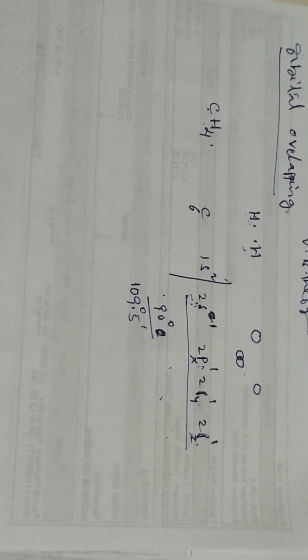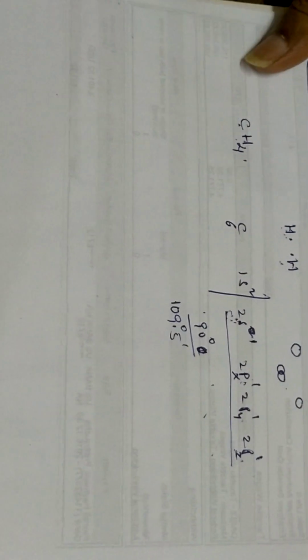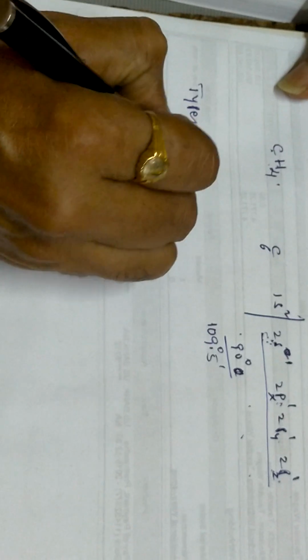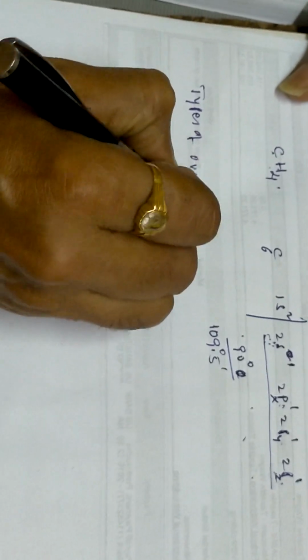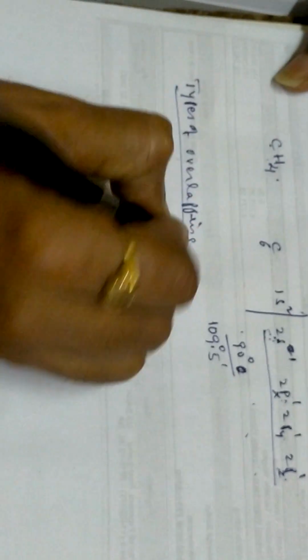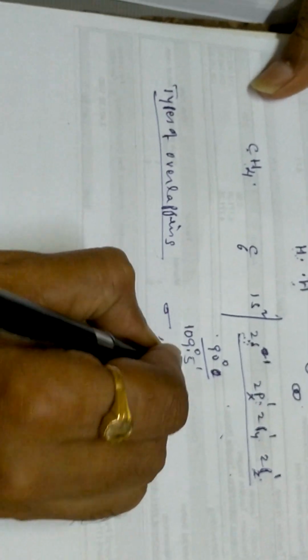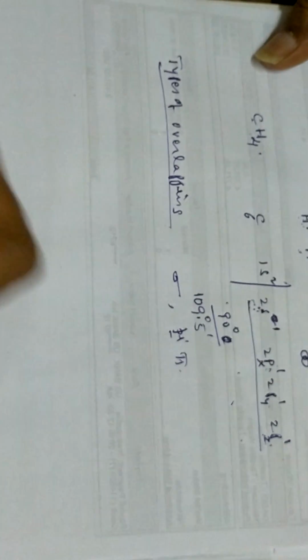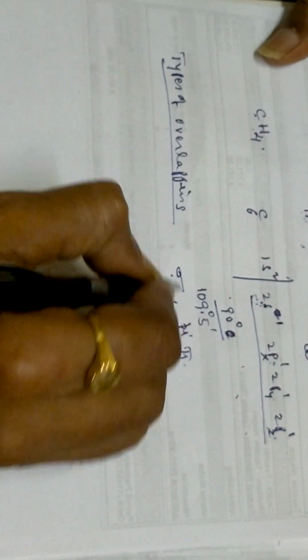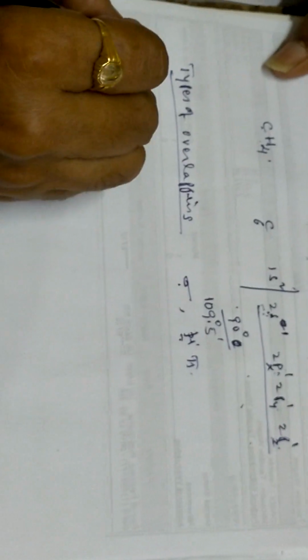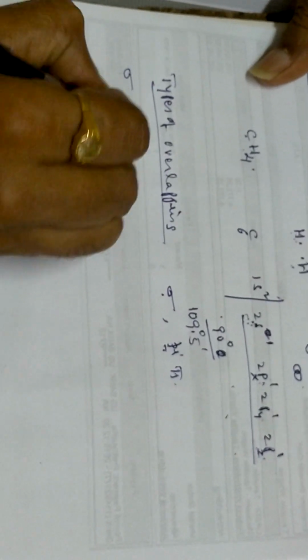Now, how many types of overlapping are there? Only 2 types: one is sigma type, another is pi type. Sigma overlapping and pi overlapping. In sigma overlapping there are 3.